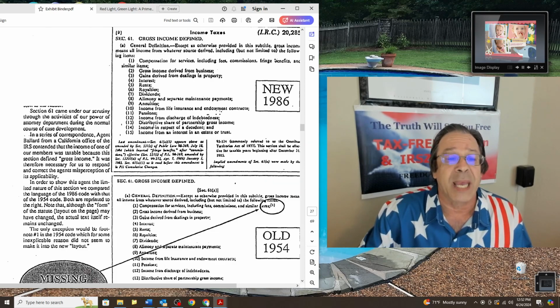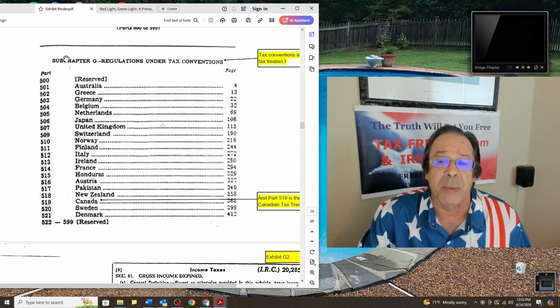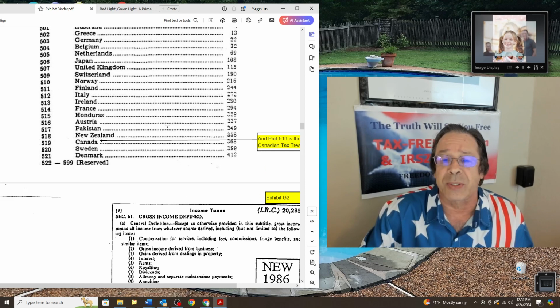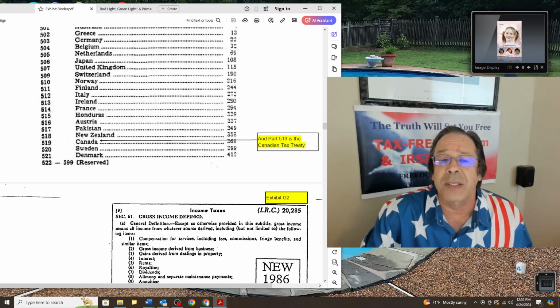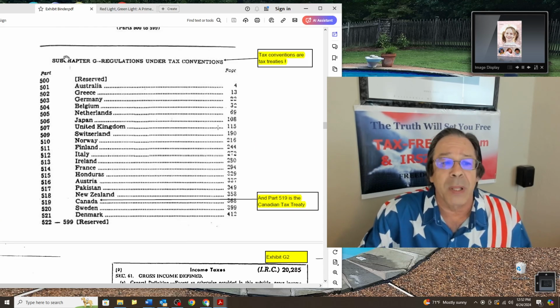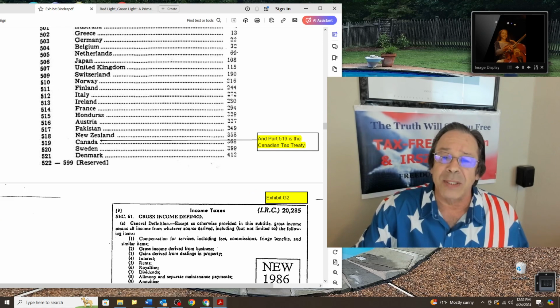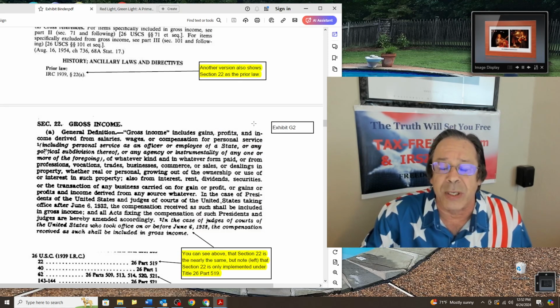So Americans in Canada were taxed under Section 22A, and non-resident aliens in America were taxed under Section 1441. And in both instances, the application of the tax is foreign. It applies to Americans in Canada and non-resident aliens in America. Those are the salaries, wages, and compensation that are taxed.